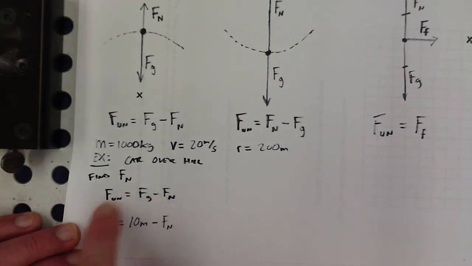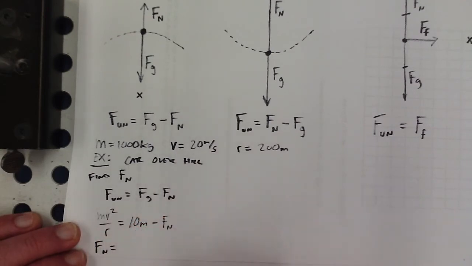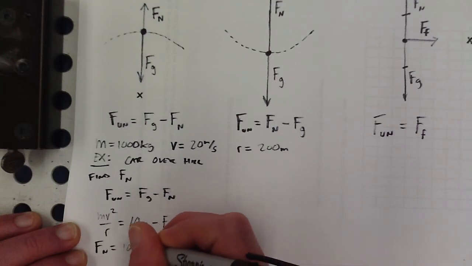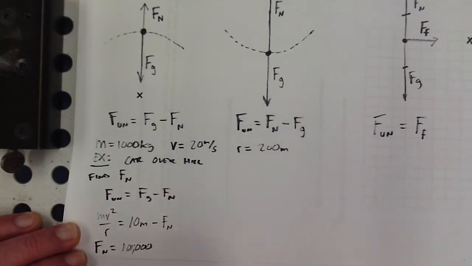So the normal force, if I do a little rearranging there, algebra-like, is equal to, I'm going to add that over there and then subtract this. So 10 times m, that's 10,000. Sorry about that random dot there. Oh, weird looking. Looks like a semicolon. That's just 10,000 minus mv squared over r.